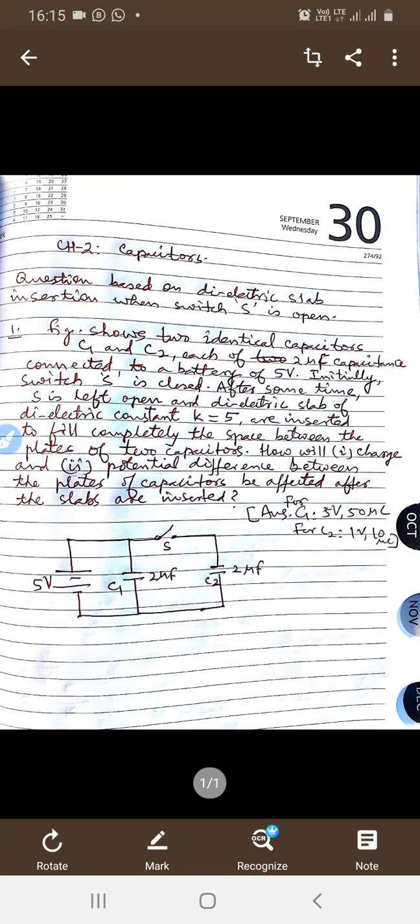In that case, what will be the effect on electric potential, electric field intensity, electric charge, capacitance, potential energy and energy density? So, in both cases, what will be the effect?